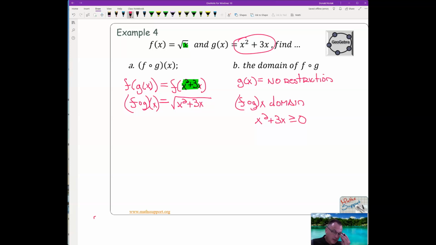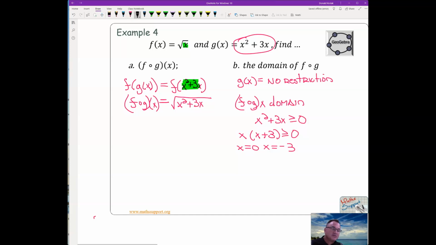All right, I'll go through it again. So to solve this, I'm going to factor out an x, and this would be x times x plus 3 is greater than or equal to 0. Okay, now the zeros of this, or its roots, would be if x was 0 or if x equaled -3.